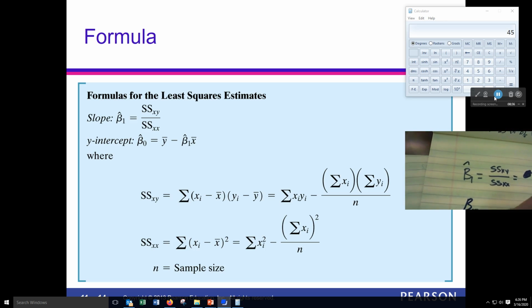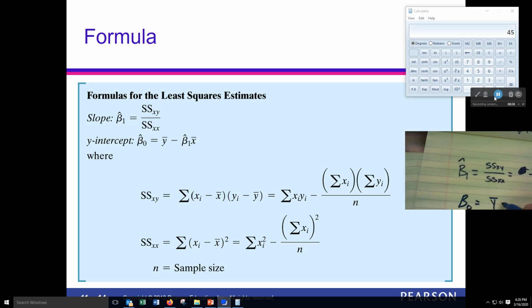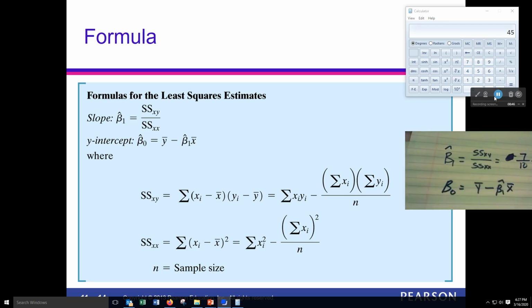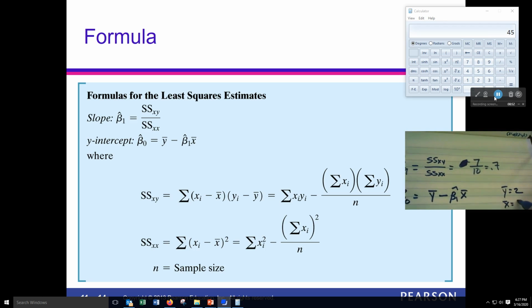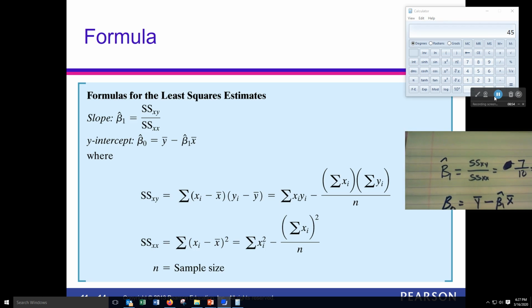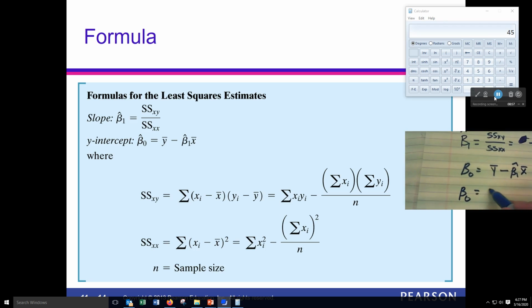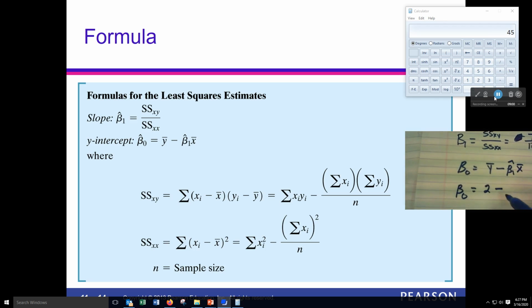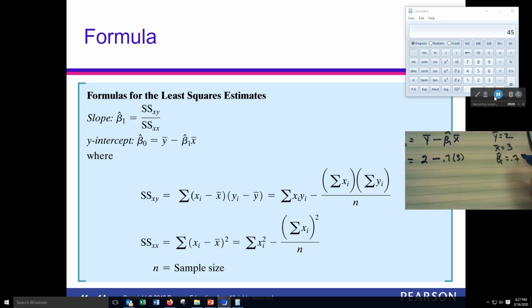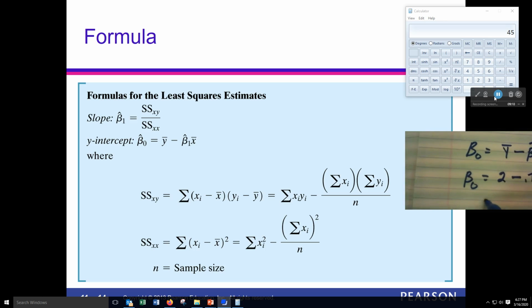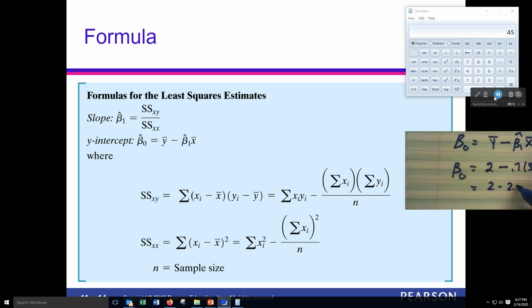Now, beta naught is equal to y bar minus beta 1 hat times x bar. Y bar was equal to 2, x bar is equal to 3. So beta naught is equal to 2 minus 0.7 times 3. Beta 1 hat is equal to 0.7, we got that up here. So this is going to be equal to 2 minus 2.1.